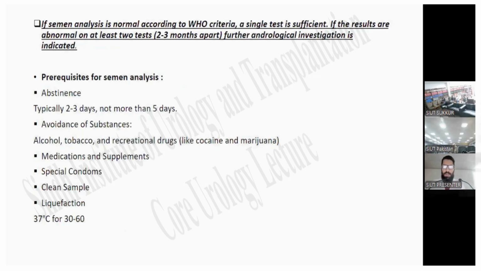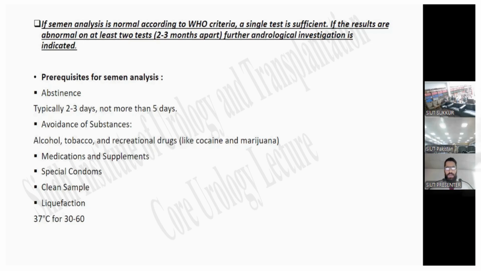If semen analysis is normal according to WHO criteria, a single test is sufficient. If results are abnormal on at least two tests, further andrological investigation is indicated. The prerequisites for semen analysis include abstinence for about 2 to 3 days, but not more than 5 days, and avoidance of substances including alcohol, tobacco, and recreational drugs, and any medications and supplements that can affect sperm.